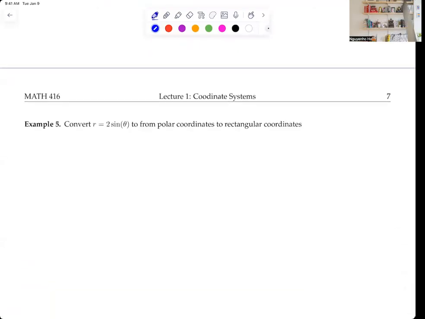Convert r equal to 2 times sin of theta from polar coordinates to rectangular coordinates. Give me the first step. How about that? First step.